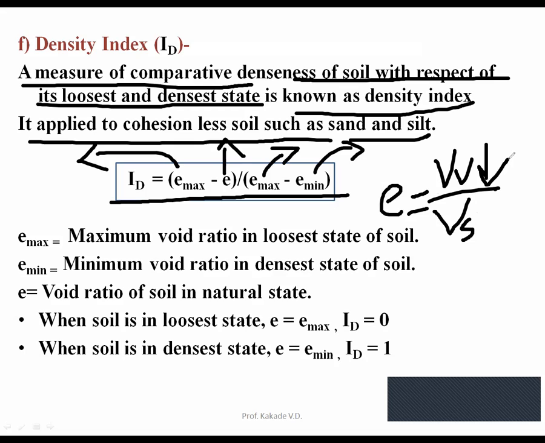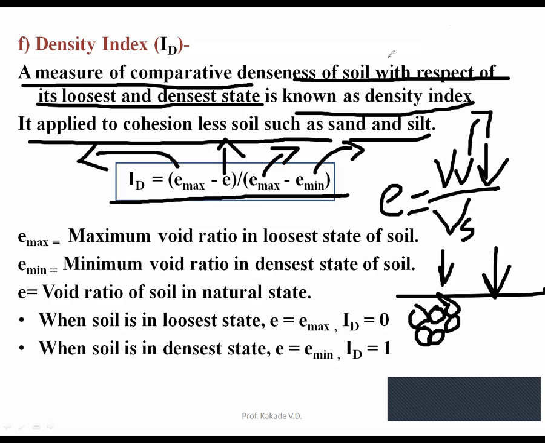When the void ratio is at its minimum state, whenever load is applied on the soil, the soil gets compacted, and due to the force the particles get closer to each other and the volume of void becomes less in the whole soil mass.